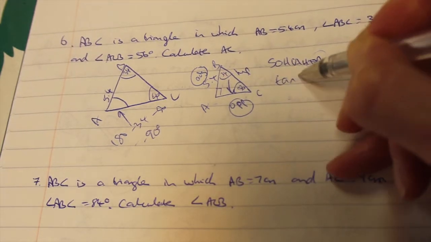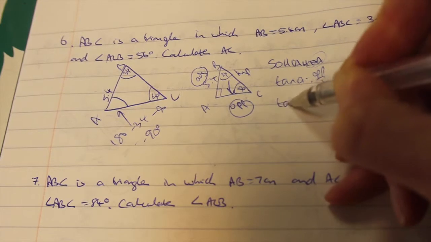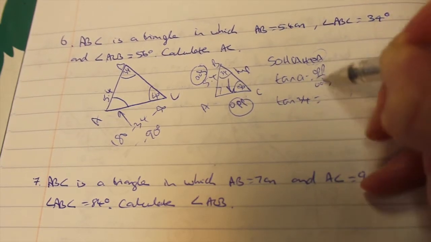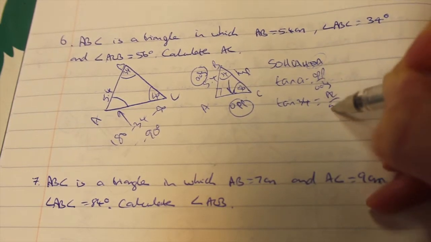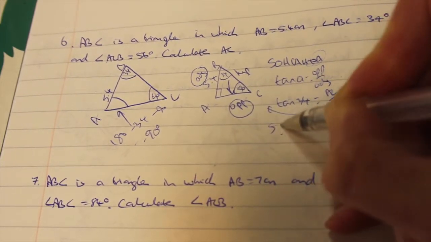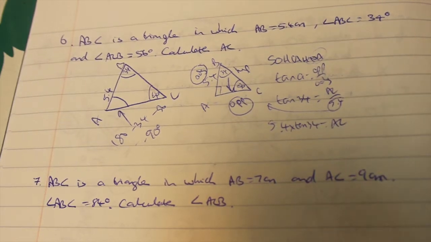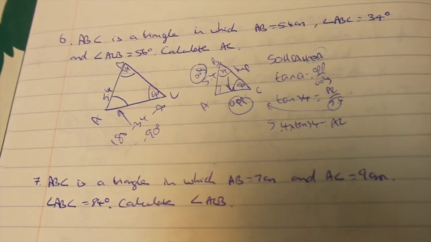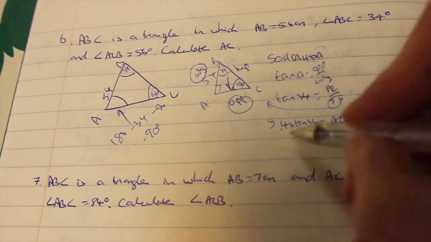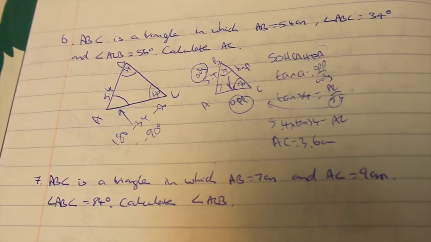So tan of the angle is opposite over adjacent. Your angle is 34. Your opposite is AC, and your adjacent is 5.4. Bring that across and multiply. 5.4 times tan 34 equals AC. So 5.4 times tan 34 gives me AC to be 3.6 centimetres.